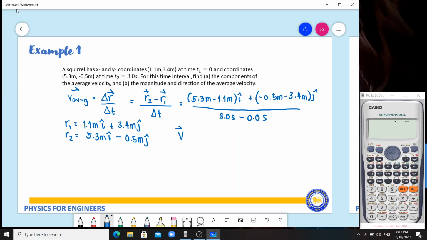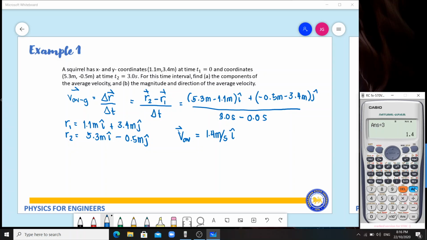So we have the average velocity. Okay, let's subtract 5.3 minus 1.1. Then divide it by 3, so that is 1.4 meter per second i.